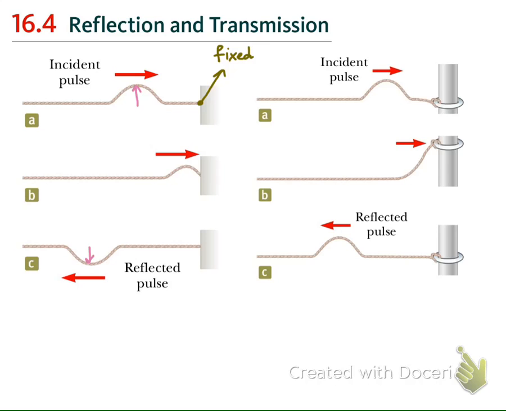What I mean is that when we look at the pulse, for example, at this time, we can imagine that there is an imaginary pulse moving to the left like this.